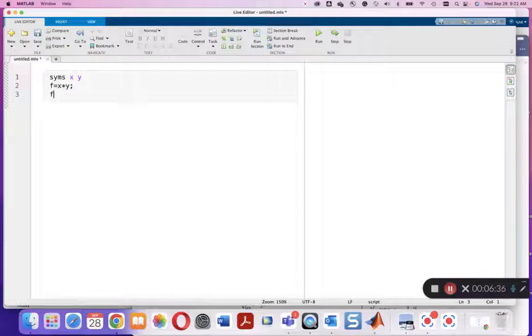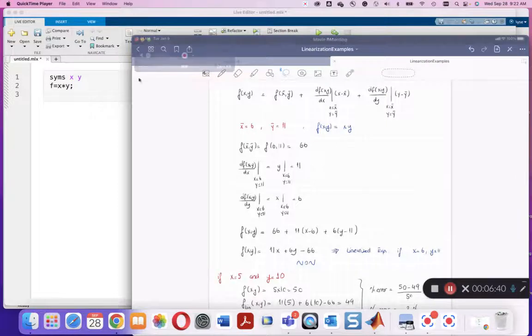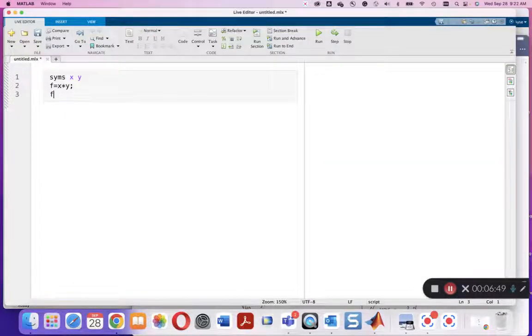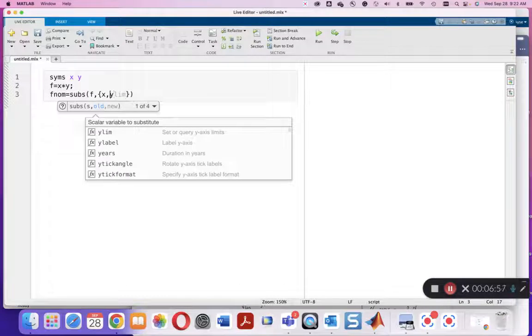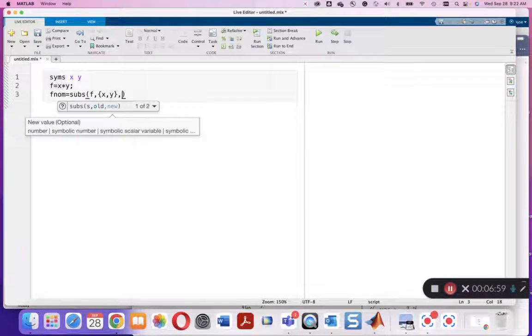The next thing, let's look at the linearized function. But maybe I should do this first. I will find these values separately and add them together. You can do it all at once, but I'm just going to add them together. So I have the nominal values equal to, I want to substitute in f wherever we see x and y, I will use my operating points 6 and 11.